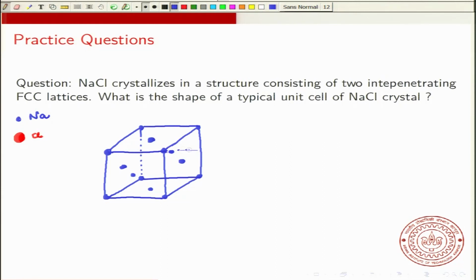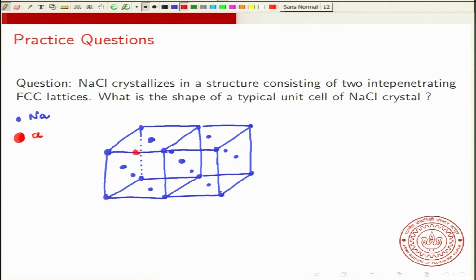So, let me extend this in this direction just for convenience. And now let me put the chloride ions.